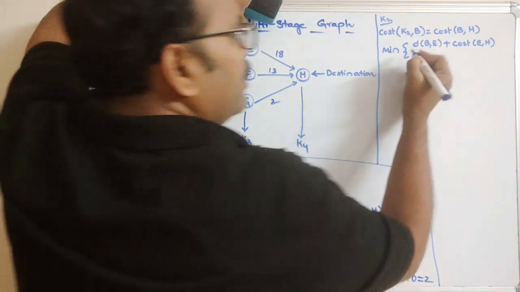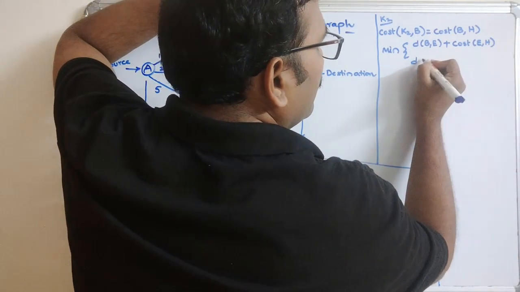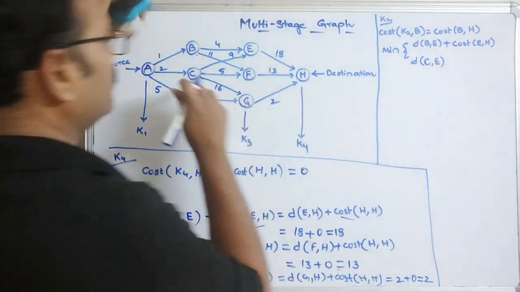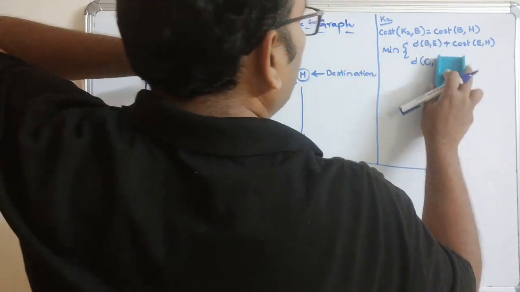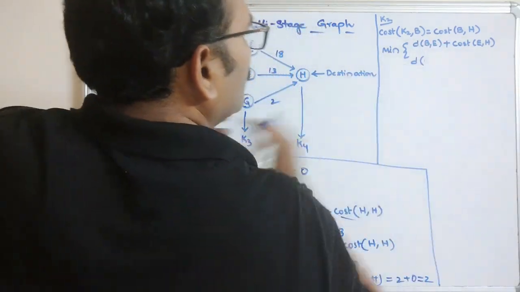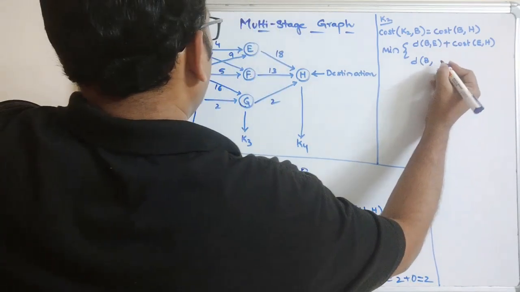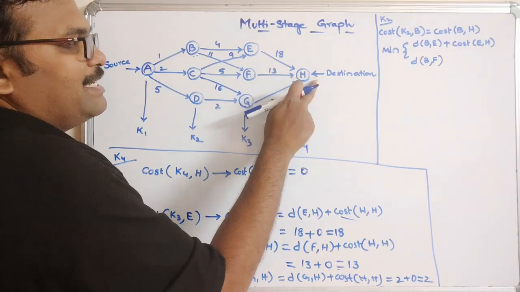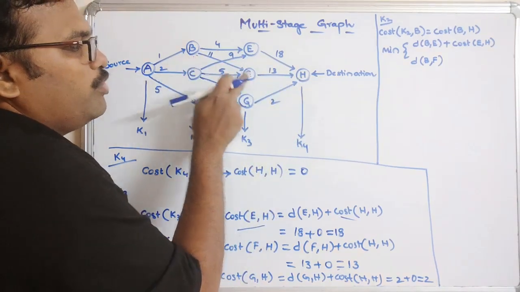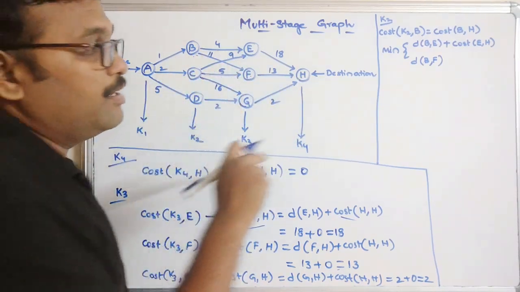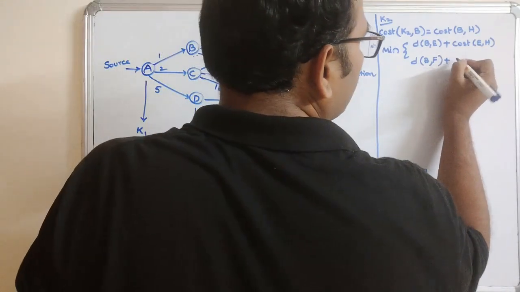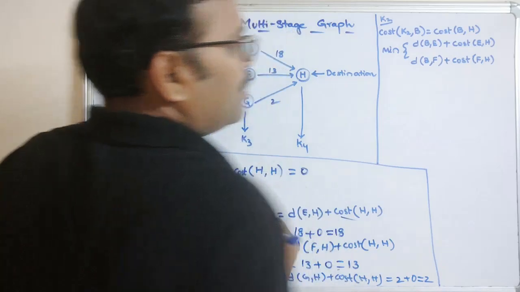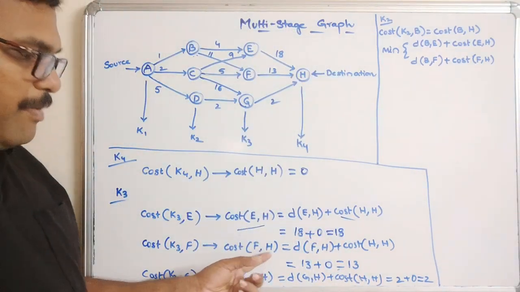Similarly, I'll write D of B comma F, because from B we can reach H through E or through F, two paths, plus the cost of F comma H, which we have also found.